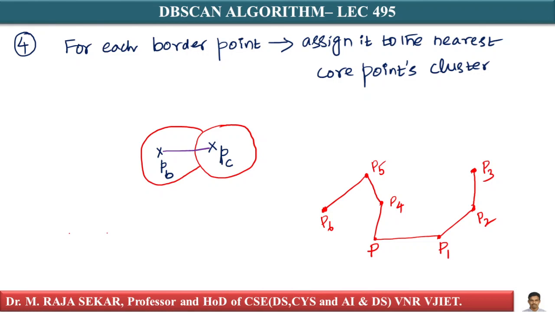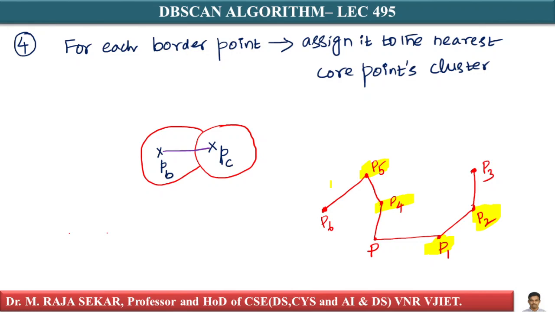Points P4 and P1 are within epsilon distance. Again, for P1 and P4, the epsilon distance points are P2 for P1, and P5 for P4, isn't it?